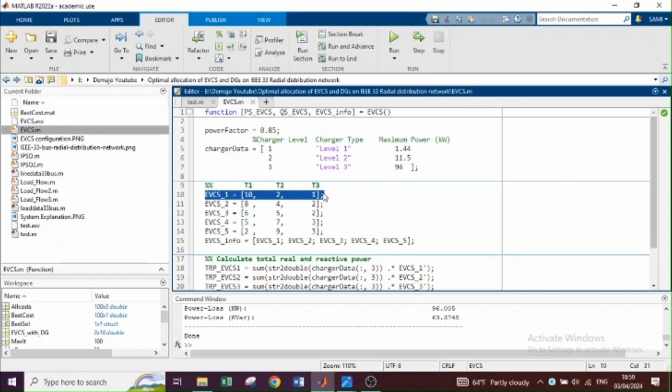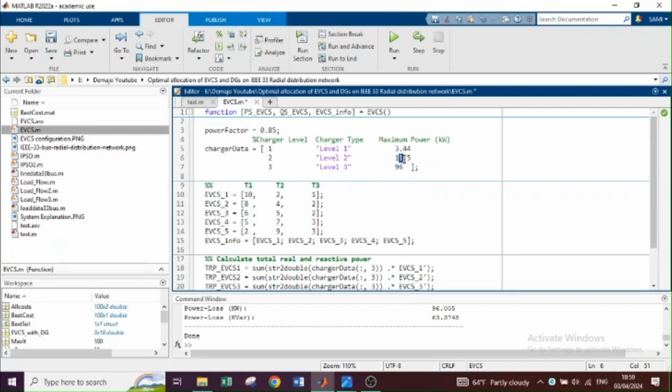Let's say you may consider 8 of charging point 1, 3 or 4 in charging point 2, and even 0 in charging point 3, and this program still works. Or you can even change the output power. All right, if you have a certain charging point that gives you a different power than this, you can change the numbers.